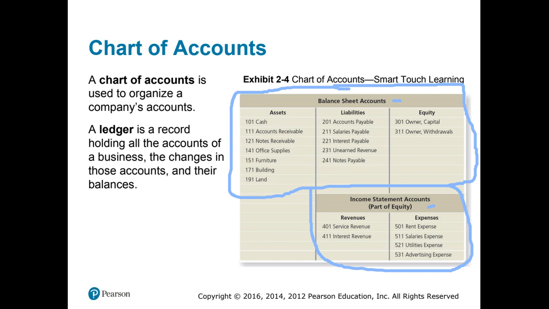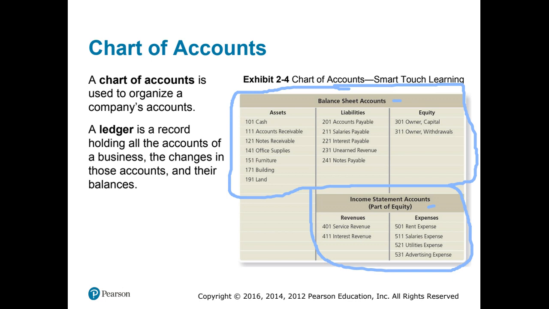So when we're setting up our chart of accounts, we want all of a particular type of account to start with the same number. It just makes it easier to identify if we're ever looking for a particular account.